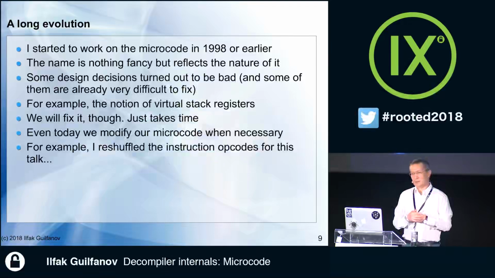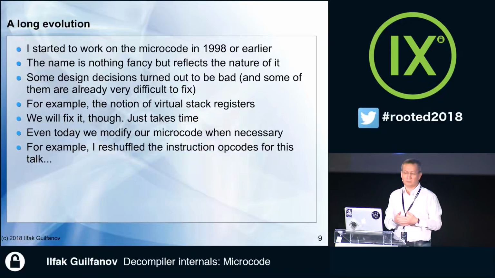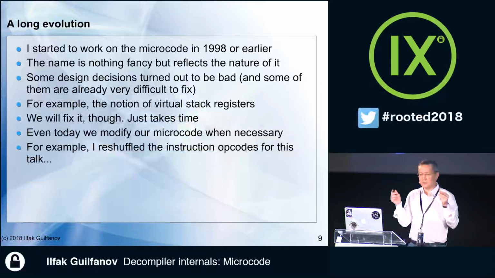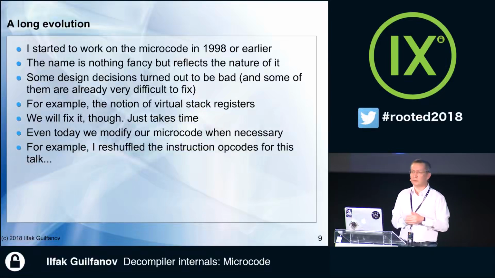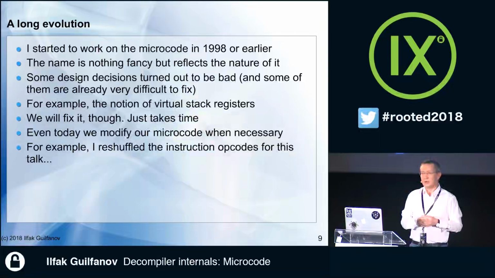And over time, it evolved, and the name microcode does not mean anything. It's just that one processor instruction is split into multiple micro instructions. That's why it's the name. Of course, it is impossible to design something from scratch and to get everything right.